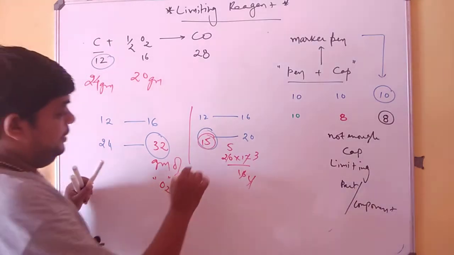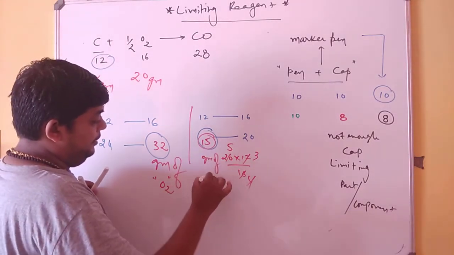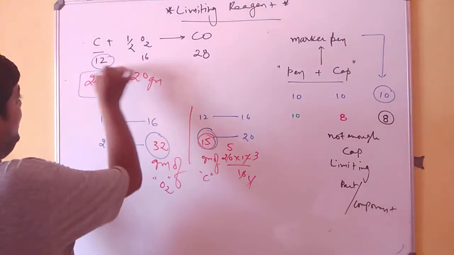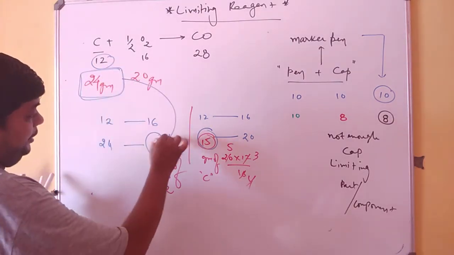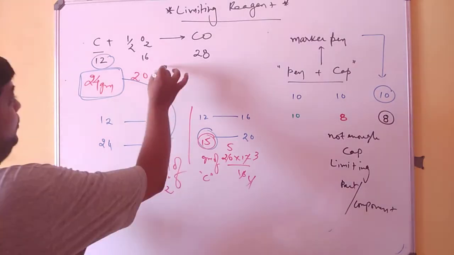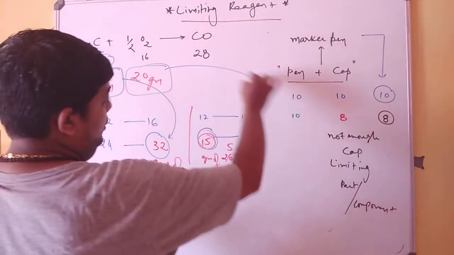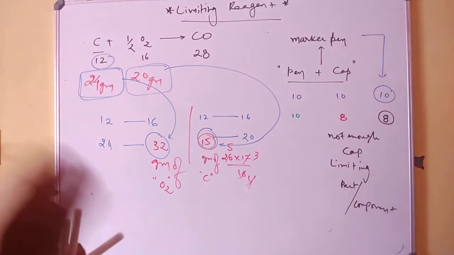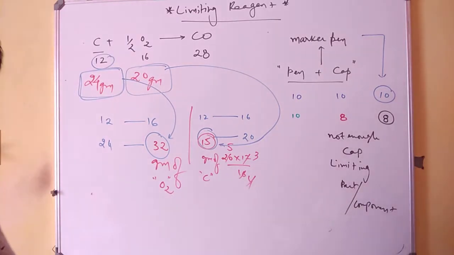Now you check 15 gram of carbon. So over here, for 24 gram of carbon, I would require 32 gram of oxygen, and for 20 gram of dioxygen, I would require 15 gram of carbon.